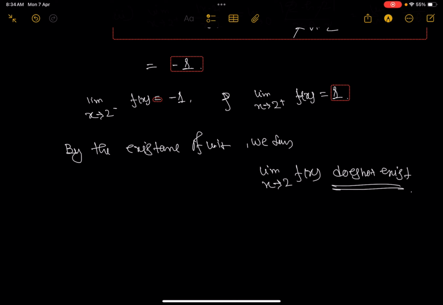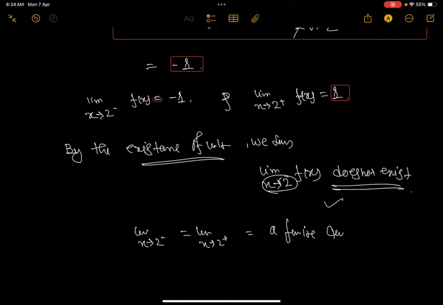Why does the limit not exist? The existence of limit says that the limit exists at x tends to 2 if limit x tends to 2 minus equals limit x tends to 2 plus equals a finite quantity.